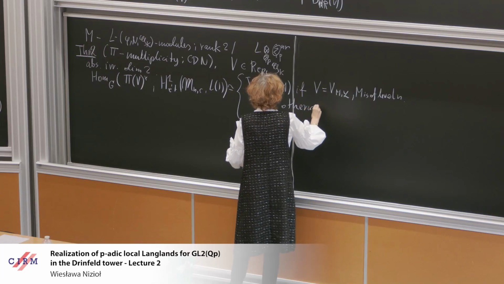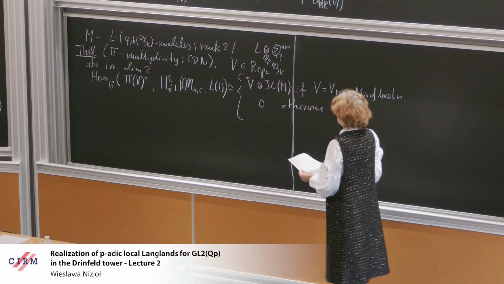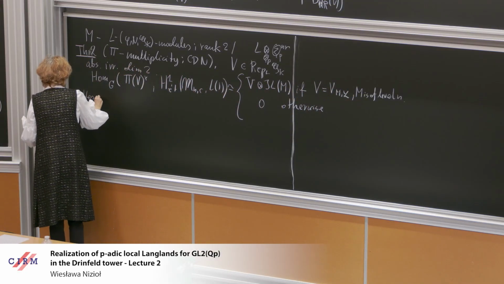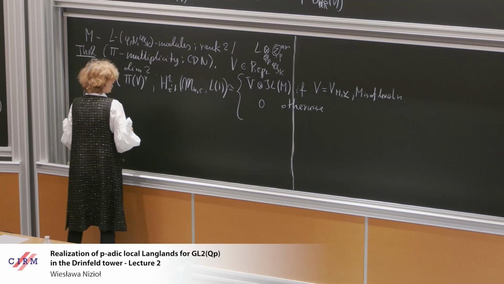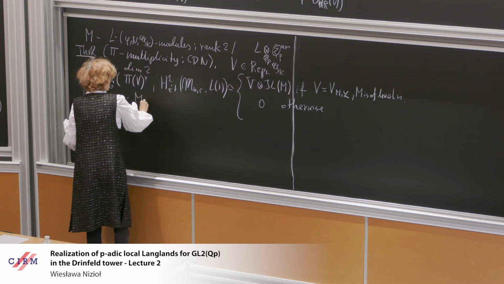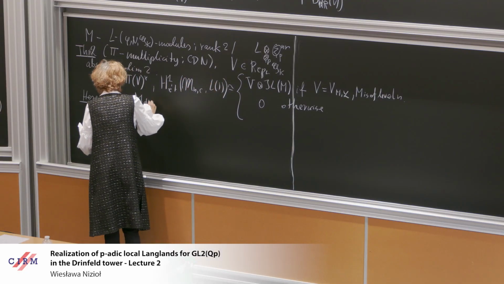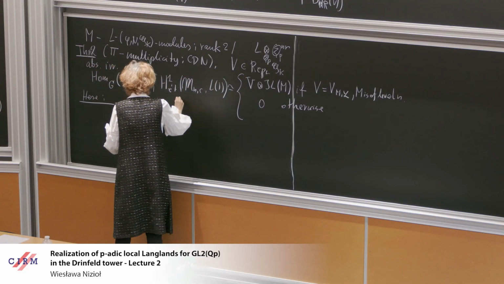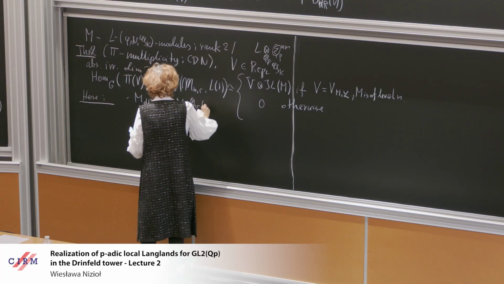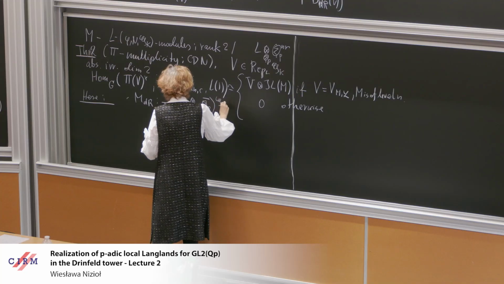So again, you see what you think you should see, but maybe I need to explain here again. I need to explain this Fontaine functor here. So M_dR is going to be the de Rham version of M. So we tensor all the way up to Q and then descend.